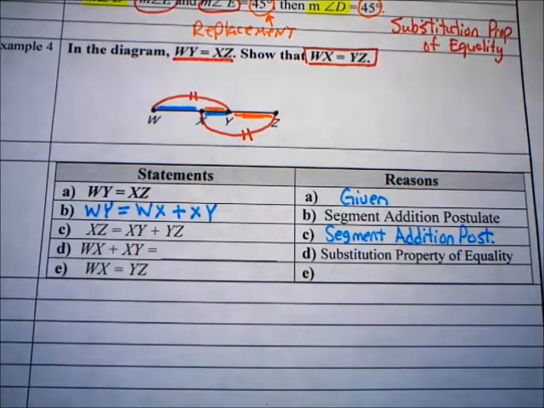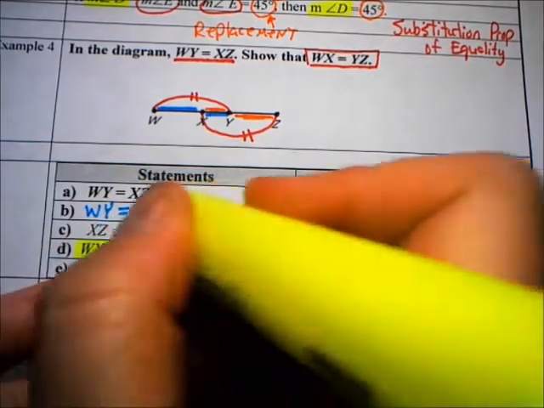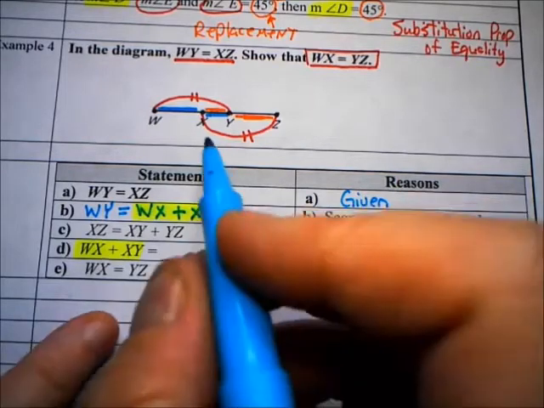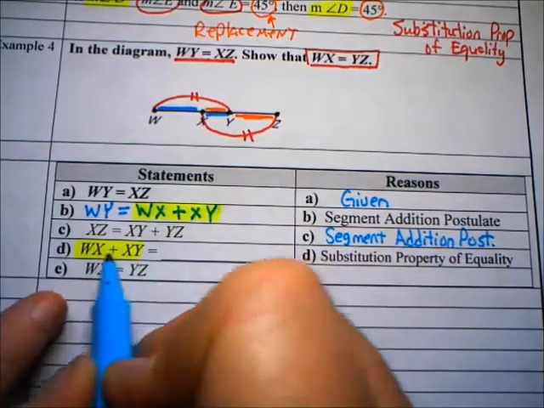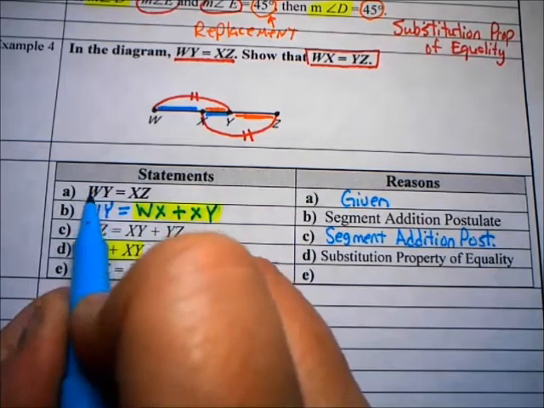Now my next step says WX plus XY. Where is that above in my proof? WX plus XY is right there. Then it says it's equal to WY, which is right here.